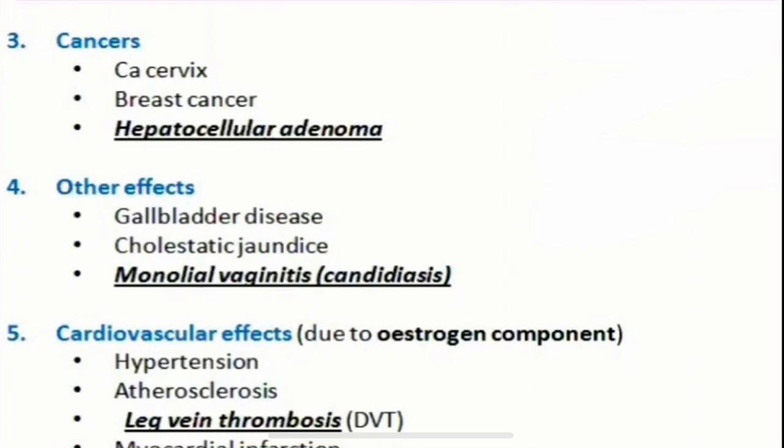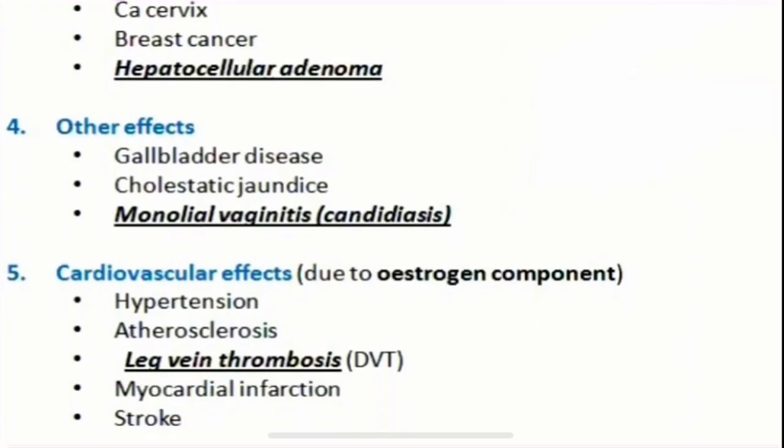Hepatocellular adenoma and gallbladder diseases can also be caused by the use of the pills. Cholestatic jaundice is usually seen in cases of pill users. Cholestatic jaundice, gallbladder diseases, and monilial vaginitis or candidiasis. So women can also come up with vaginitis, candidiasis, the fungal infections.